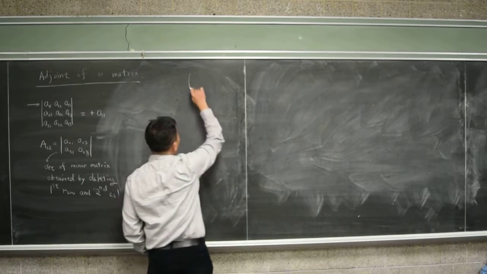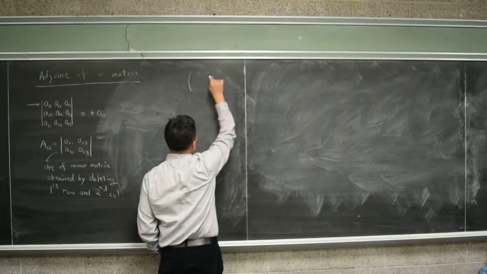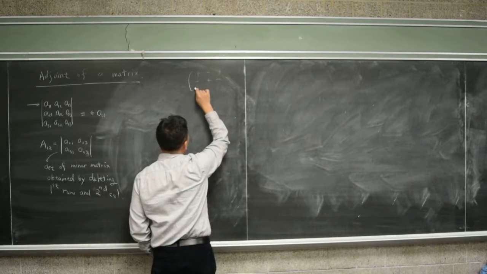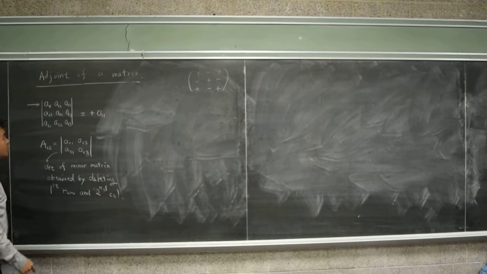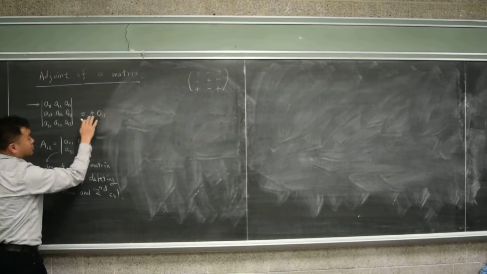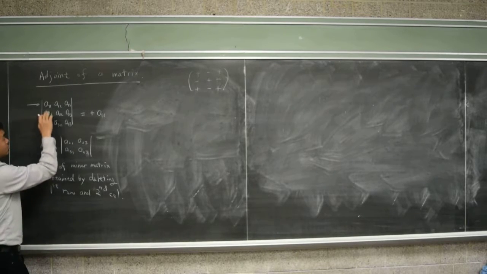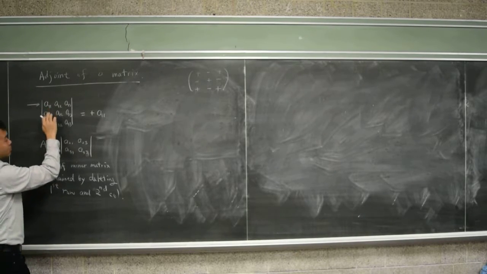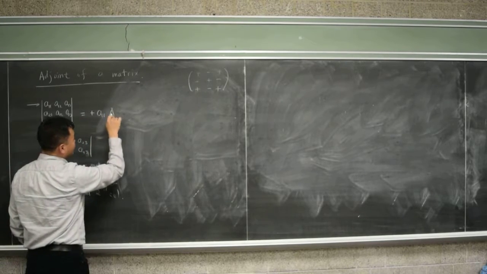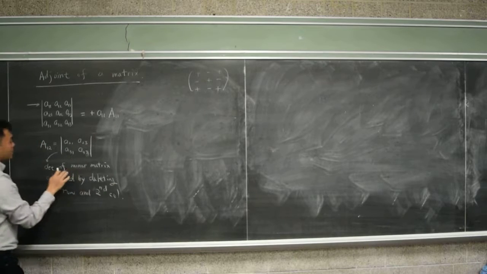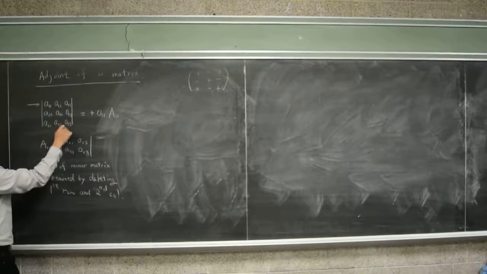Remember the checkerboard of signs is plus, minus, plus, minus, plus, minus, plus, minus, plus. At A11 it's plus, so I put plus. And then the submatrix obtained by deleting A11 is called capital A11, so this is really the determinant of this submatrix.